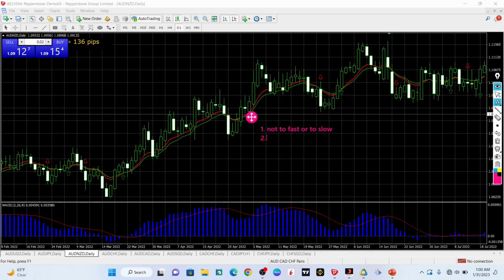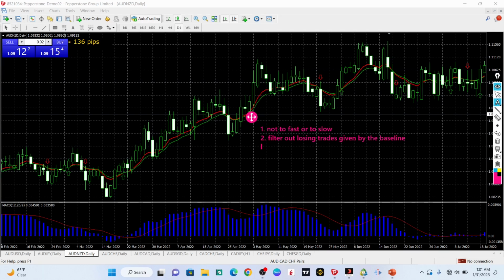And number two, the primary indicator should filter out losing trades, at least some of the losing trades given by the baseline, since the baseline is the first indicator we look at.